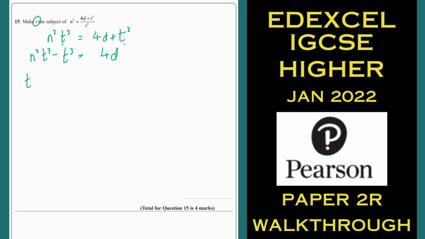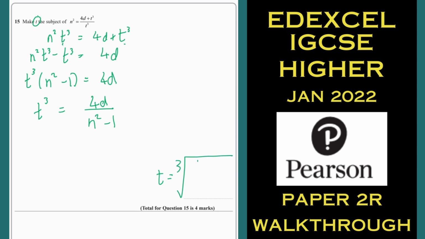Factorise out a t cubed. You'd be left with n squared minus 1. Divide both sides by the brackets. And we're nearly there. To get t on its own, you've got a cube root.